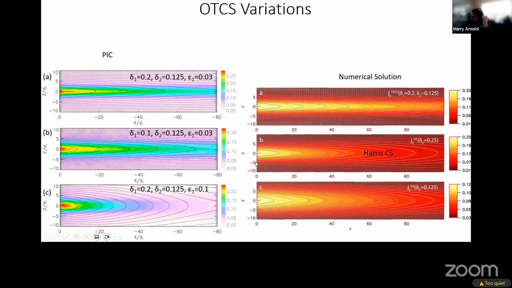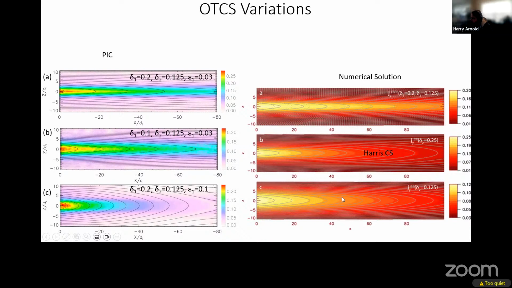But let's look at the aspect ratio. This middle one here tries to make the width of the current sheet at the left part of the box the same as the thin current sheet, but it is significantly shorter. You can see that very clearly. The thin current sheet basically goes across the whole box, whereas the Harris current sheet most certainly does not.